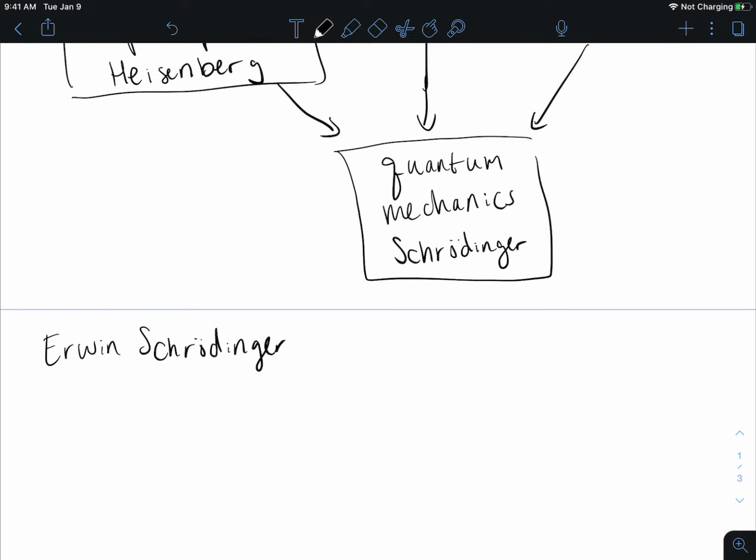You've probably heard of Schrödinger's cat, or there was that show with some guy named Schrödinger. Anyways, Erwin Schrödinger was an Austrian physicist, and he developed a mathematical treatment that included both the wave and particle nature of matter.